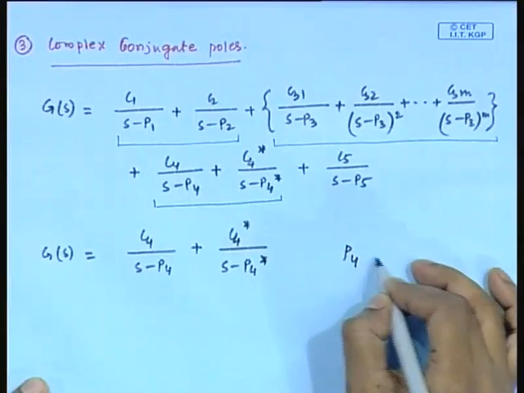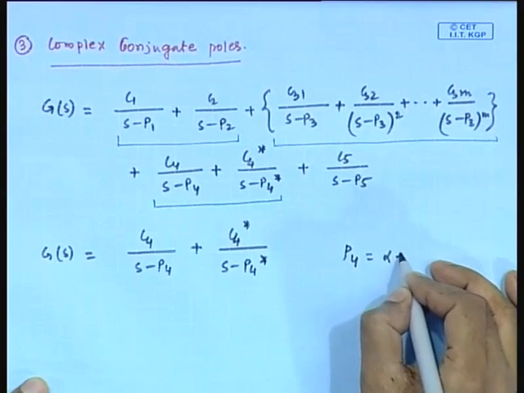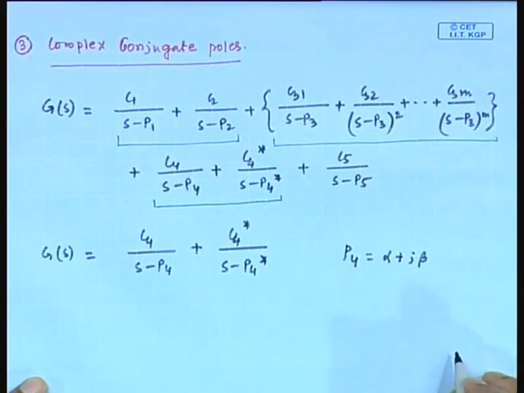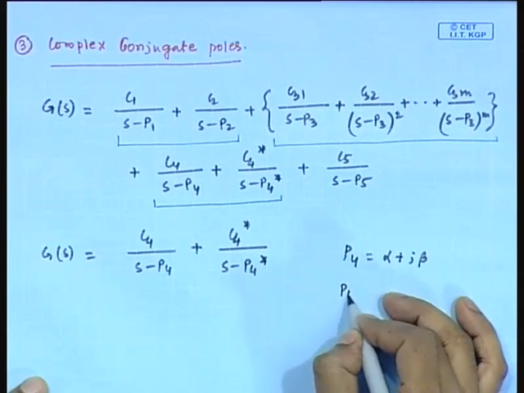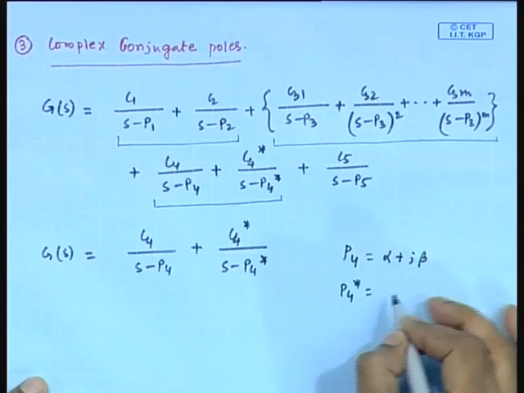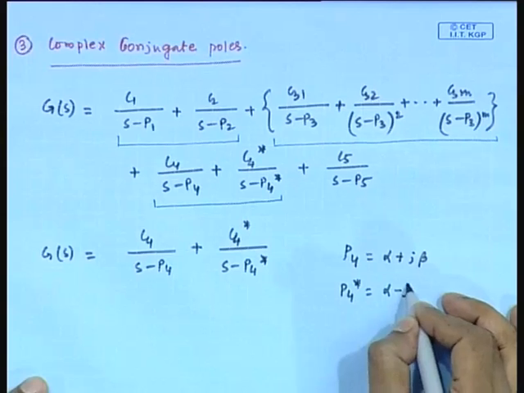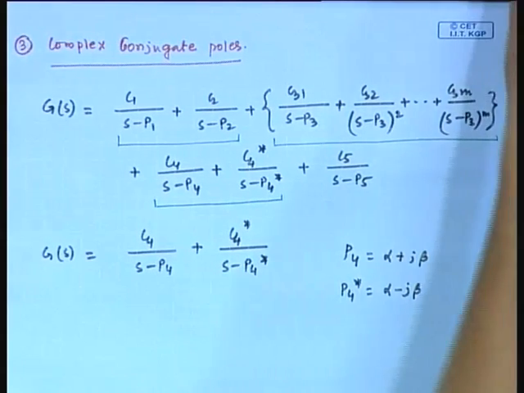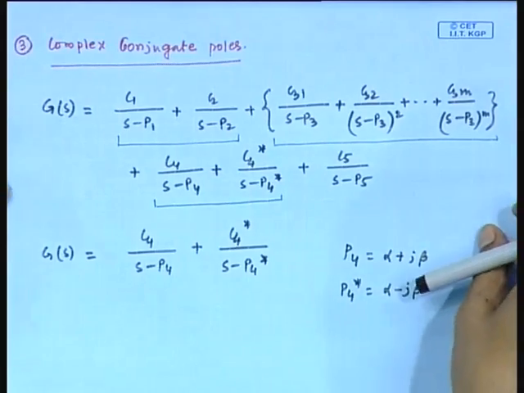So, we will consider P4 equals alpha plus j beta and P4 star is alpha minus j beta. Fine. These are the two complex poles.